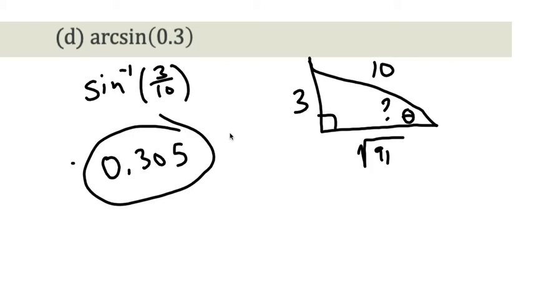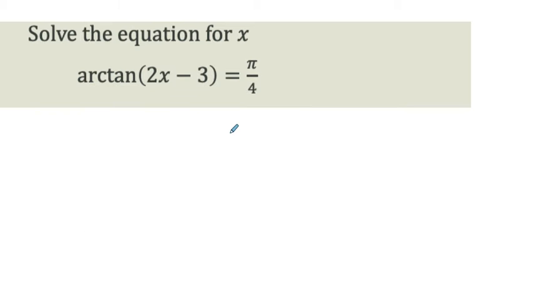Okay, so that's all a review of some straightforward arc functions, and that's something that you did in pre-calc. I'm not sure if you solved equations using your trig functions or not, but this is something that we can do. So if we have arctan, or basically tangent inverse, and we want to solve this for x, we need to get rid of this function because we want that x to be able to come out.